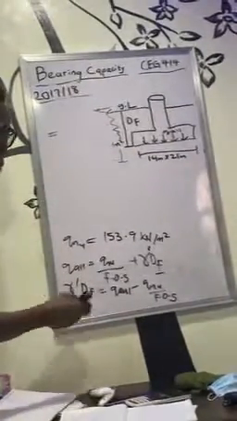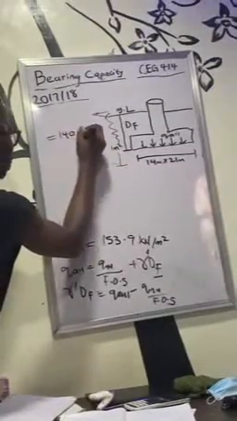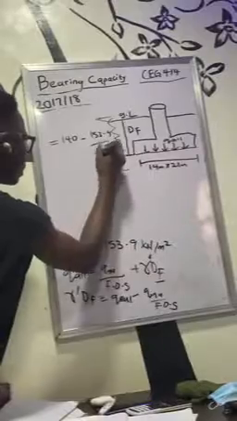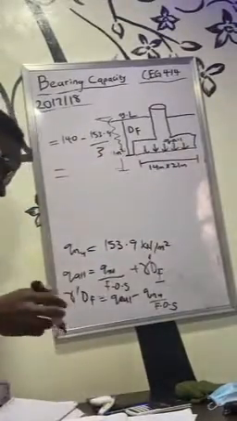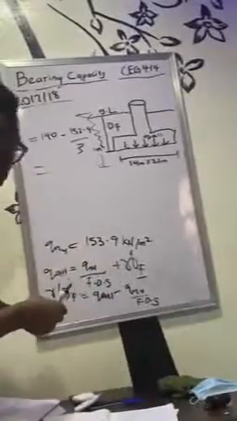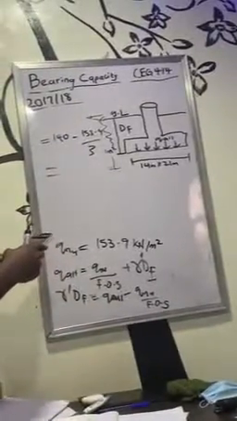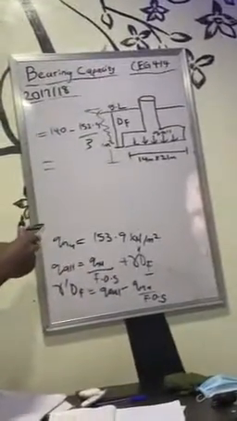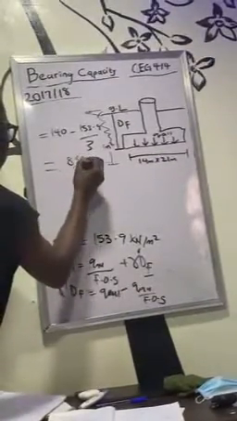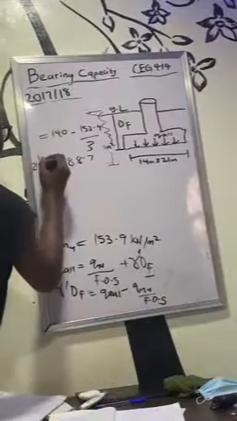So Q allowable was 140, our QMU is 153.9. Our factor of safety should be given as 3. On your calculator you should get 140 minus 153.9 divided by about 88.7, which is our gamma prime here.